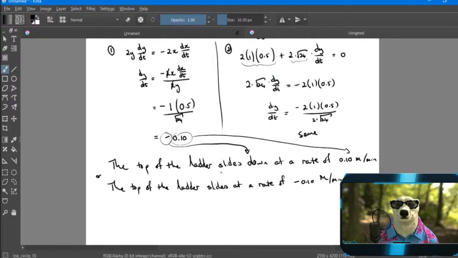You're not going to say the top of the ladder slides down at a rate of negative 0.10. That is what you should not be saying. So how you write your concluding sentence is up to you. There's some flexibility there for sure. But we've wrapped up our question. Let's zoom out and look at it again.